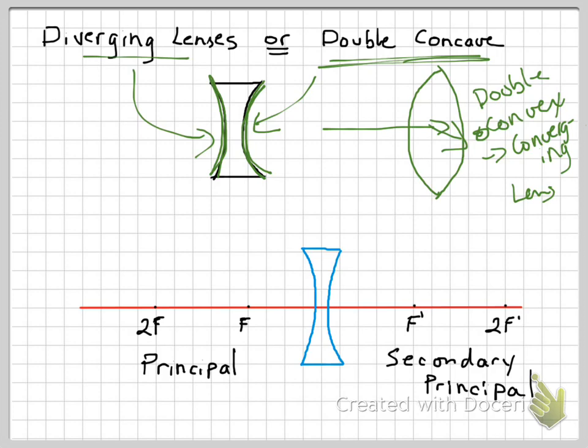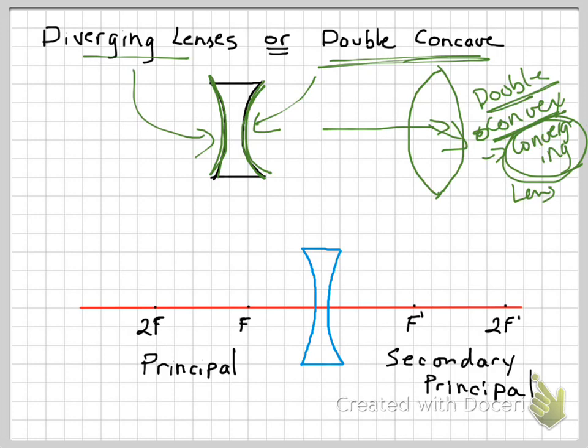Diverging lens means that the image is going to get spread apart. The refracted rays are going to get spread apart. A double convex lens is a converging lens. The converging lens then focuses the image on one side.